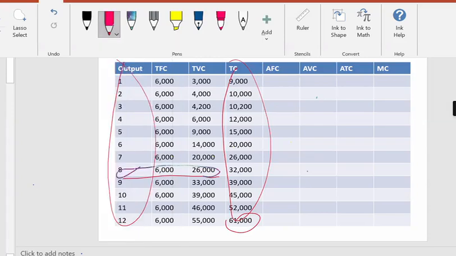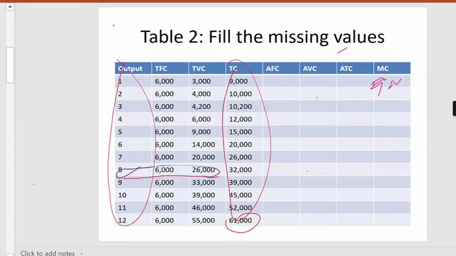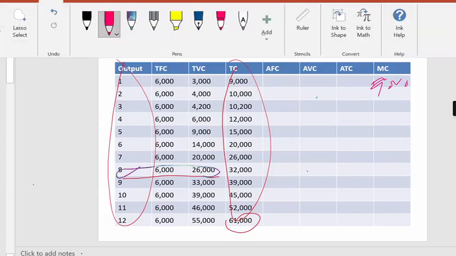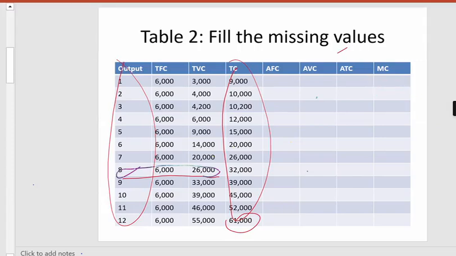Change in total cost divided by what? Tuanzie hapa, kutoka hapa mpaka hapa ni ngapi?